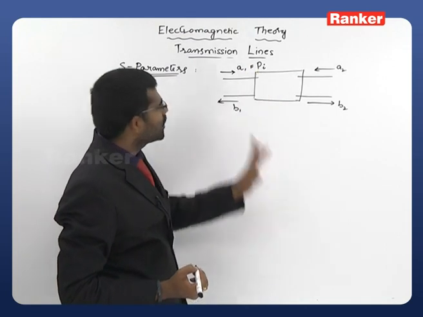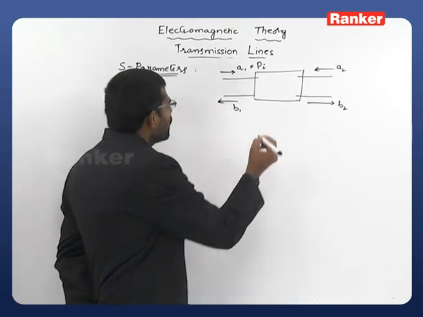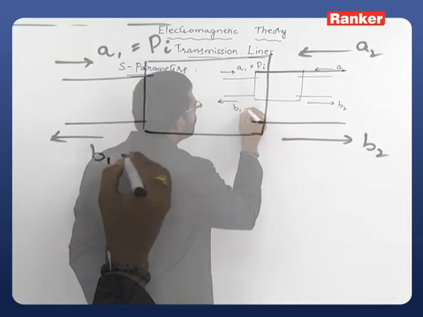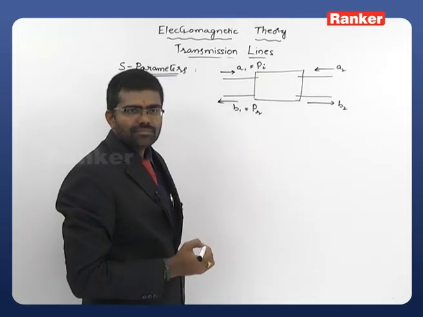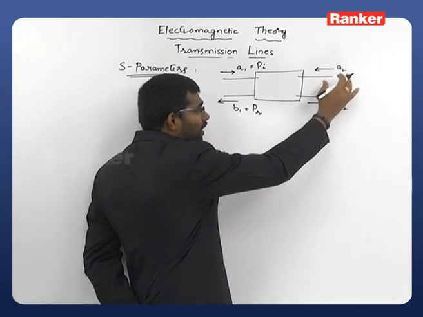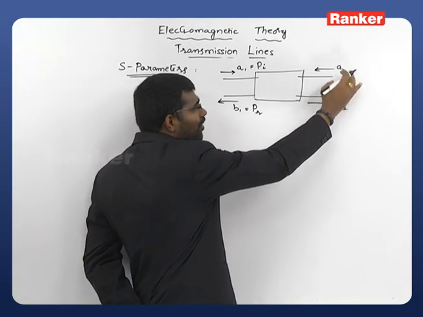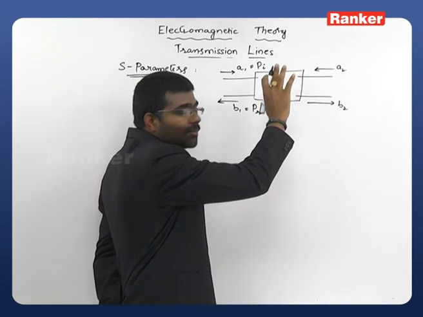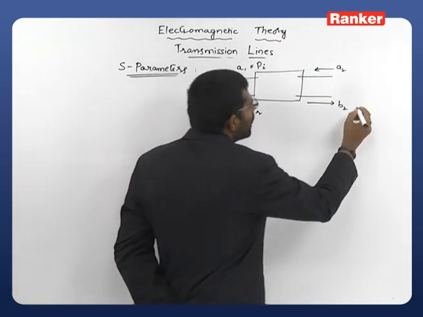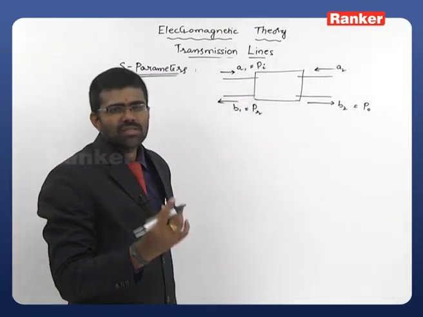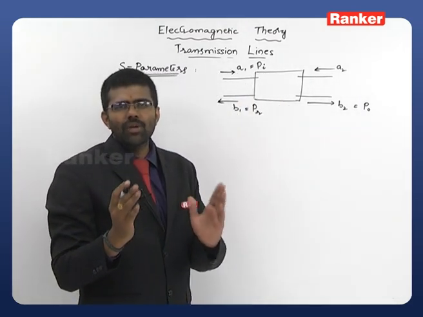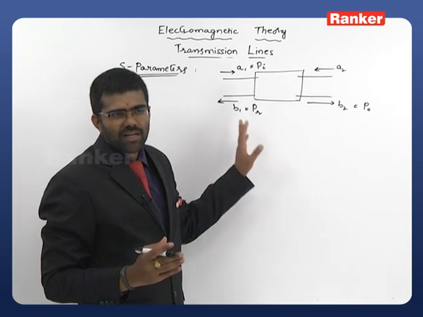The return power from port 1, which is B1, I am denoting as PR. Here I am not applying any input at port 2, so there will be no A2 for this concept, only output will be there, that is B2, which is P0. This is to correlate the formula with our scattering parameters or the scattering matrix.